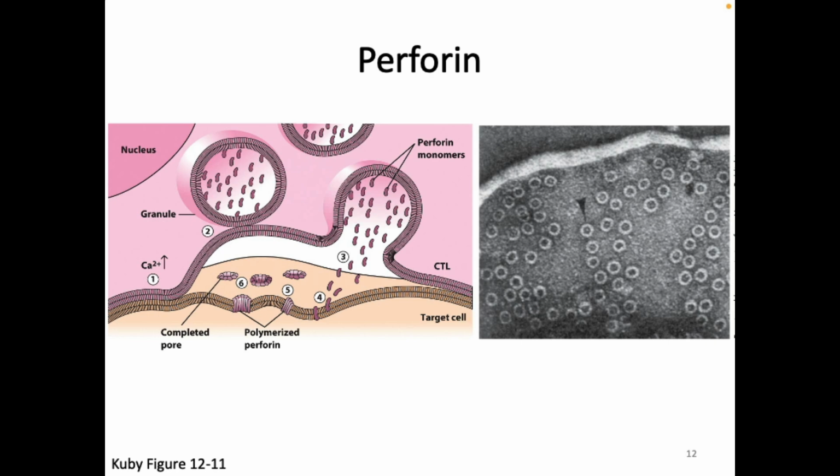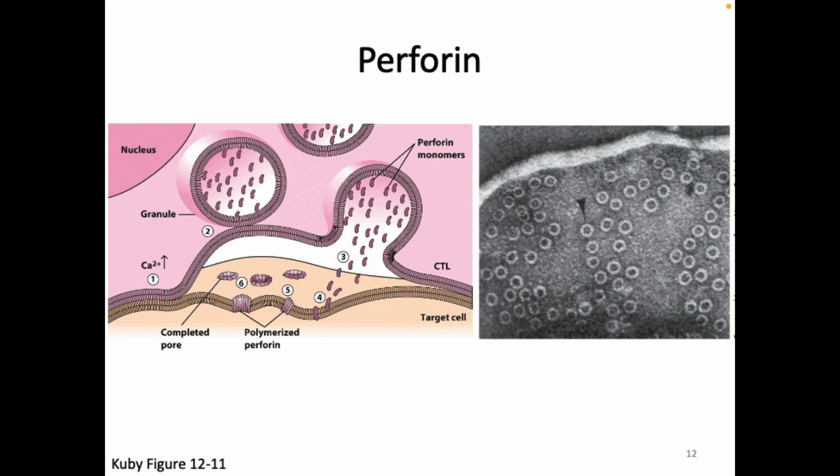If you look at this electron microscopy image of some of these perforin pores, you're basically looking at the little pores that you see in the cartoon on an actual cell here. Is there anything that you notice when you look at that image? Or anything that image reminds you of from earlier in the semester? Complement.